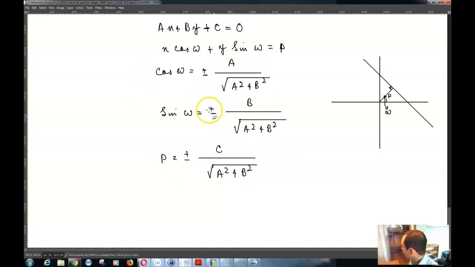So if you ever need to do some calculation, you can use these formulas as well. But now, once we go through the process, I will tell you more about how you can convert your equations into normal form.